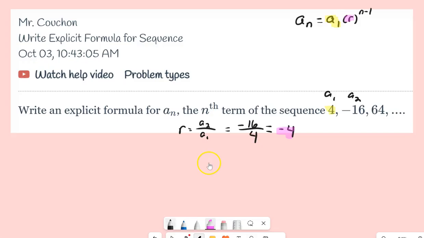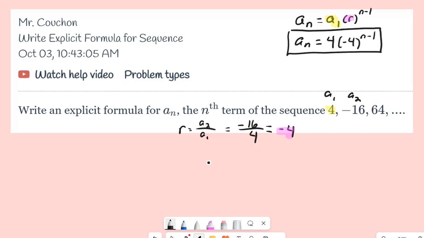So we've got everything we need for this. We have a sub n equals the first term, 4, times the common ratio, negative 4, to the power of n minus 1. And that is all that we can do. We can't simplify that anymore. So the explicit formula is 4 times negative 4 to the power of n minus 1.